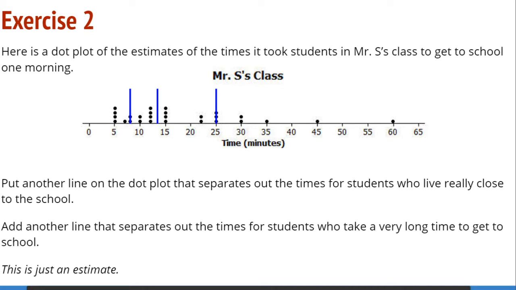I took a look here at this lower section of data and I said, where's about the middle of that section? And I felt like it kind of came in at this, probably 8 is about where that's at. And I looked at the other side and came up with about 25, about half here, about half here.